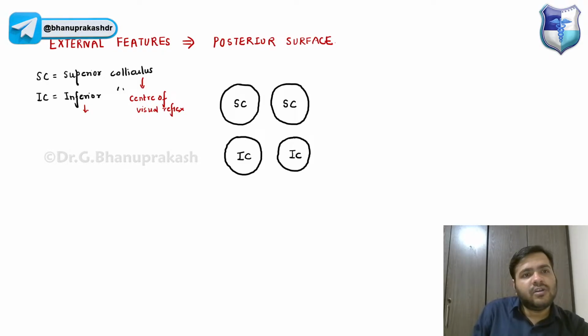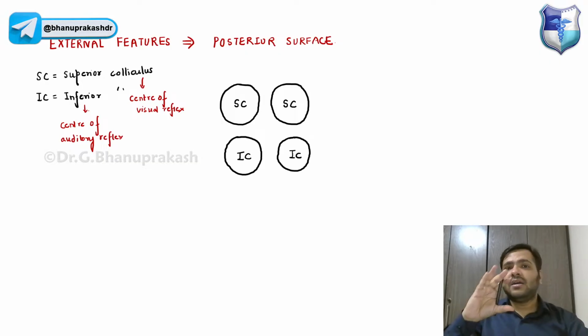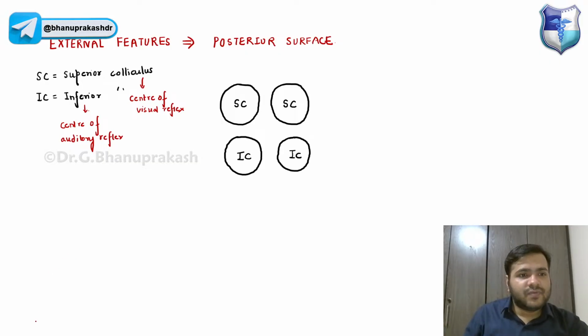And the inferior colliculus, it is the center of auditory reflex. Now guys, in totality, these whole four colliculi are combinedly called the corpora quadrigemina.